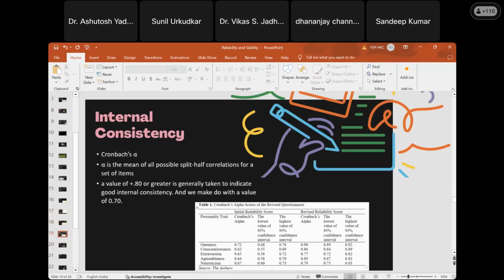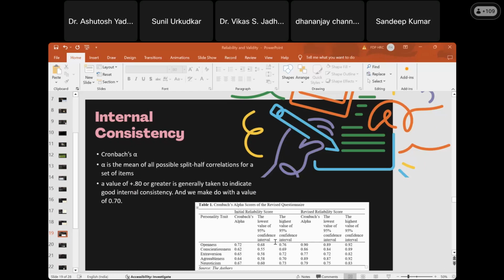Now, besides simple split-half, there is another measure which is also the most common measure of internal consistency used by researchers in psychology, and it is known as Cronbach's alpha.